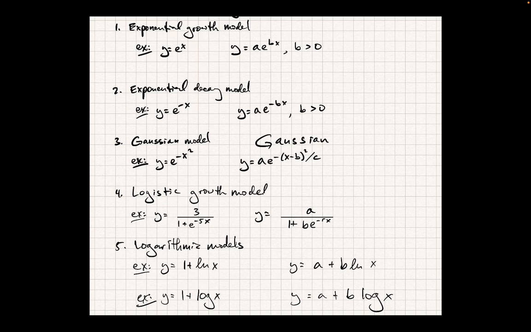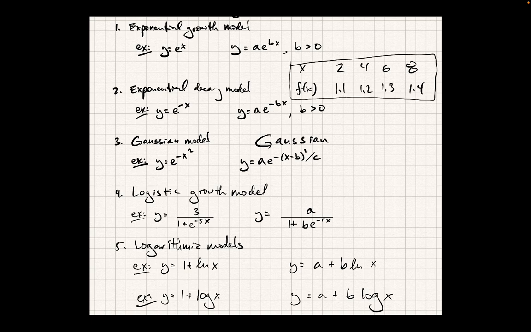So you've got an x and a y table, or x and f of x table, and you've got 2, 4, 6, 8, and 1.1, 1.2, 1.3, 1.4, and you might be asked to say how these are proportional, and then find a constant of proportionality. It was the last section. We just did this.